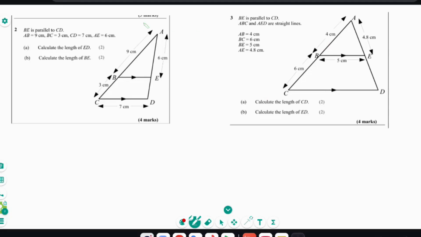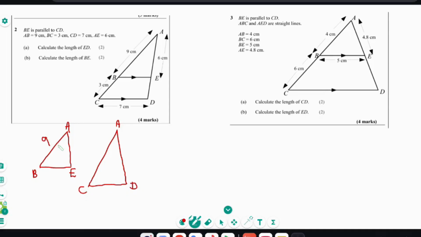Okay, question 2. BE is parallel to the length CD. And we've got the lengths given, calculate the length ED. I find it really useful to draw out the triangles separately. AEB is a smaller triangle, and the similar triangle is ADC, the larger one.